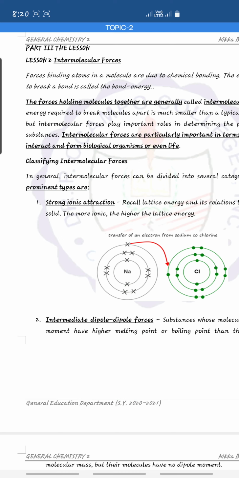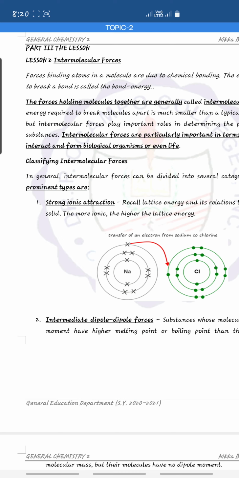It says that intermolecular forces are the forces that mediate interaction between molecules, and they include electromagnetic forces of attraction or repulsion, which act between atoms and other types of neighboring particles. So that is the difference between typical bond energy and intermolecular forces.